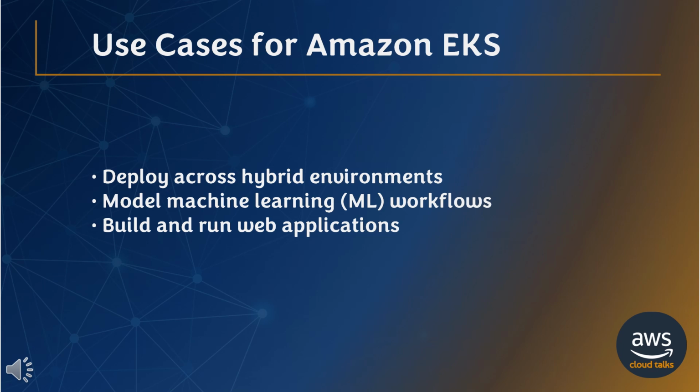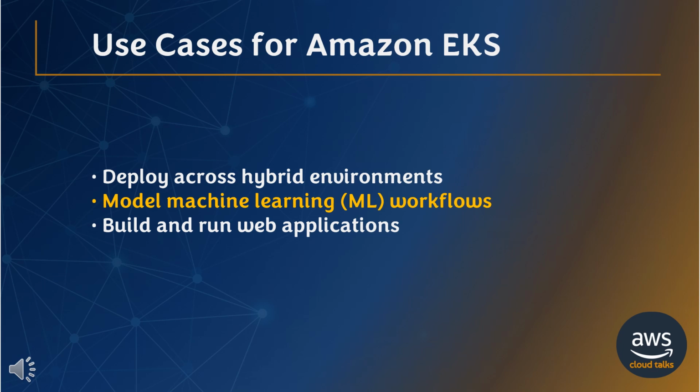Let's talk about each of these use cases for Amazon EKS. Deploy across hybrid environments. Manage your Kubernetes clusters and applications in hybrid environments and run Kubernetes in your on-premises data centers.